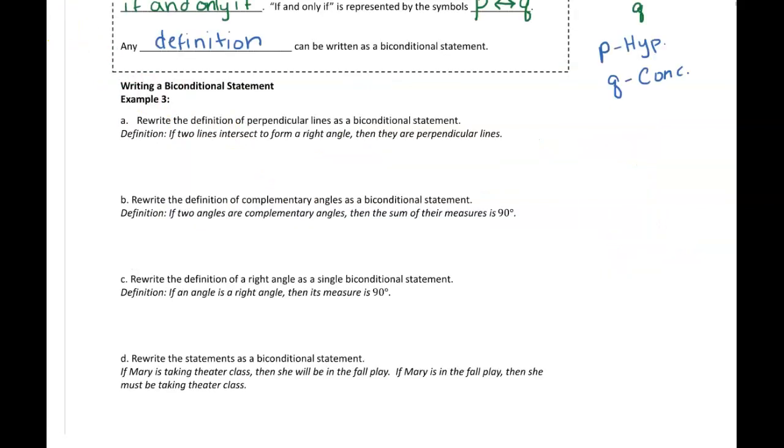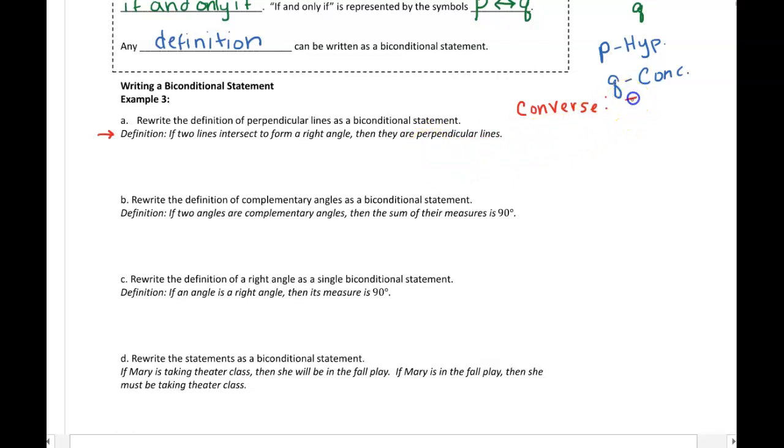All right, so let's look at the first part of example A. It says rewrite the definition of perpendicular lines as a biconditional statement. They have it as a conditional statement here: if two lines intersect to form a right angle, then they are perpendicular. You don't have to do this every time, but I just want to show you. If we write the converse, remember the converse is when we flip the hypothesis and the conclusion.